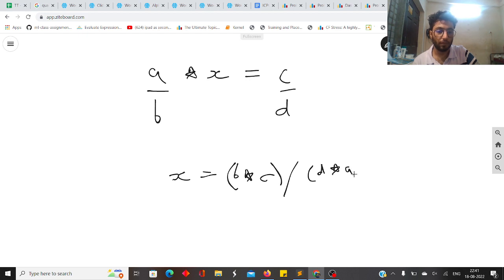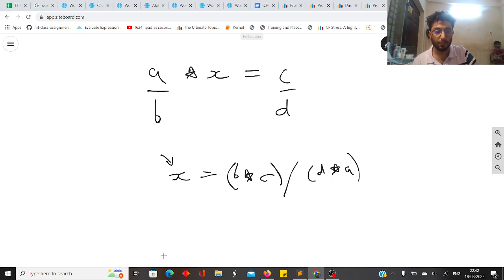If the answer exists, that is, if we can equate both of the fractions by just multiplying with an integer x, then this x has to be an integer. That is, b multiplied by c should be a multiple of d into a. So d into a should divide b into c. This is the condition for achieving the answer with just one operation.